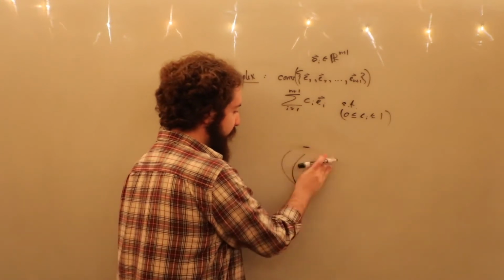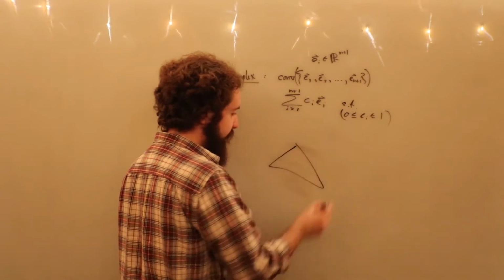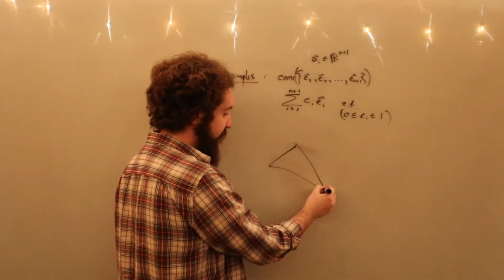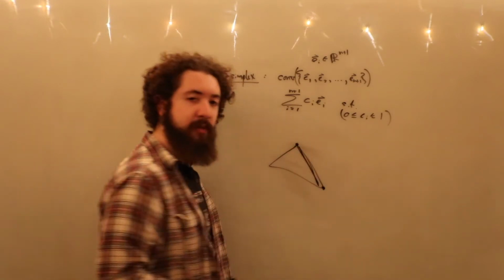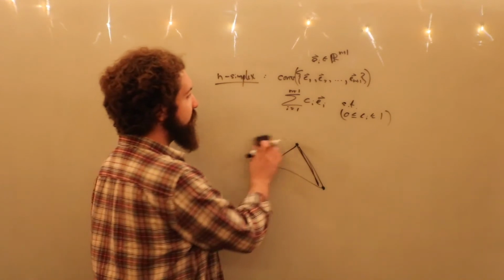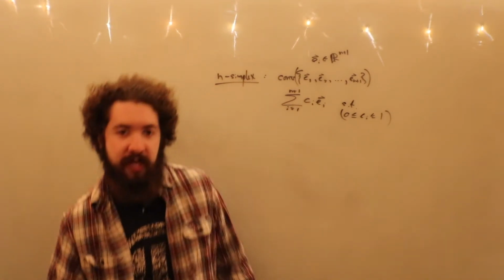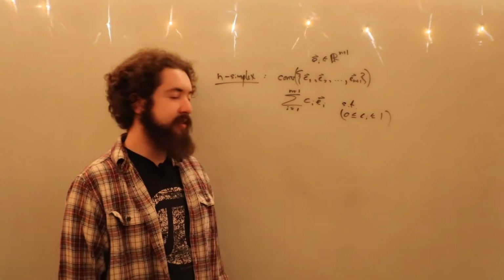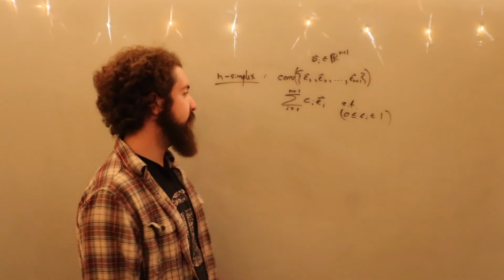Say this is a triangle, for instance: any 2 points you have in the shape, every point along the line in between them is also in the shape. That's what we mean by convex. So we're taking the convex hull of this set of vectors, and that is going to give us a shape called the n-simplex.